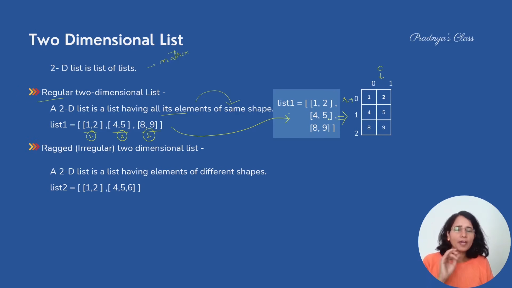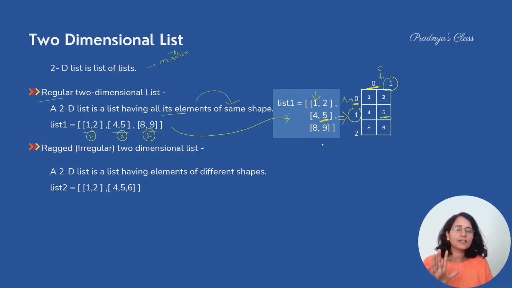So if you want to access the elements of the nested list, then you can write the index of the row first and then the column. If I want to access this element 1, the index for that is 0, 0. If I want to access the element 5, which is here, the index will be 1, 1.